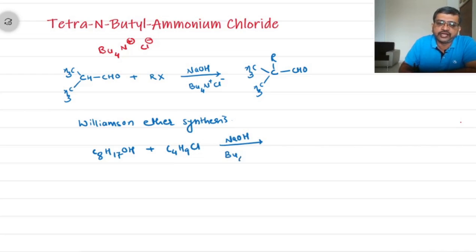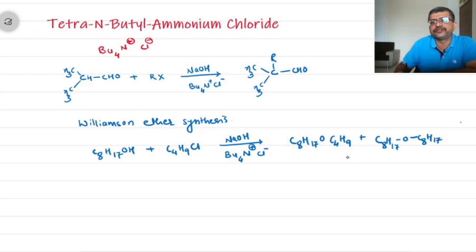But when we add tetra-N-butyl ammonium chloride, it produces the desired ether in larger quantities, plus a byproduct of this type, which is obtained in smaller quantities.